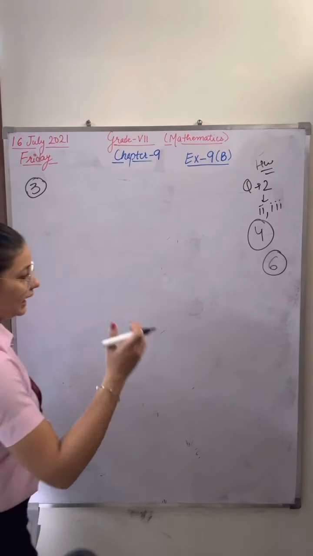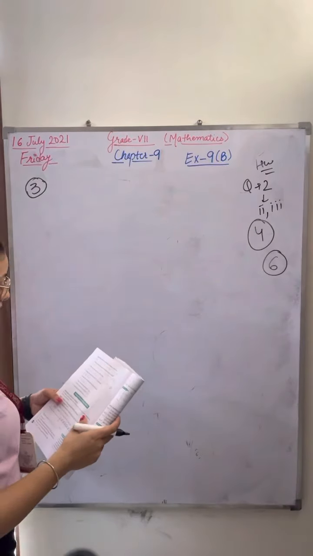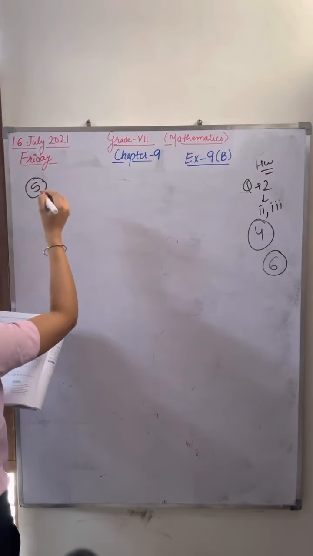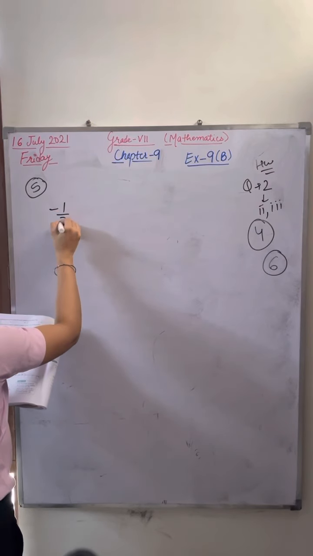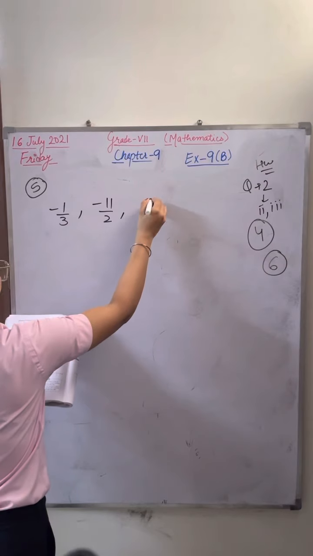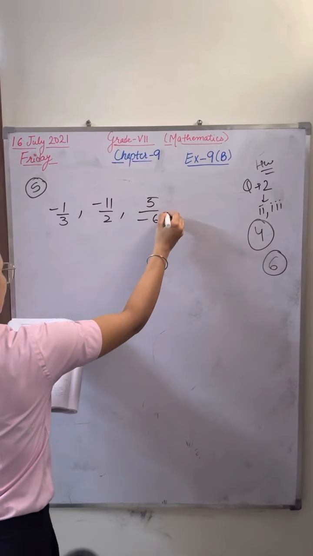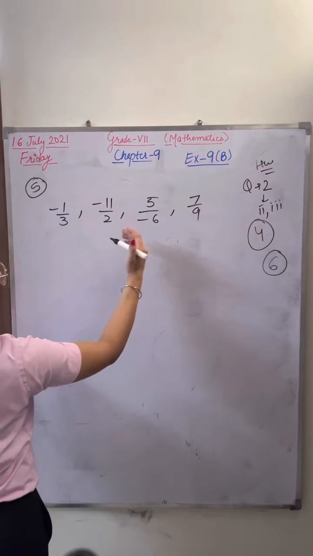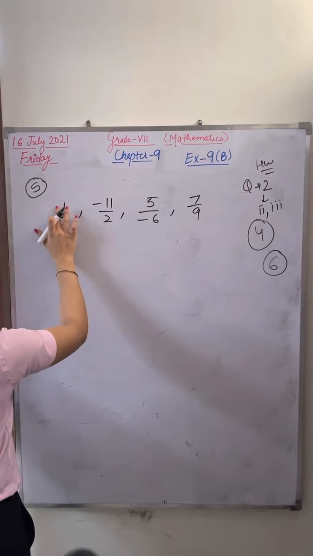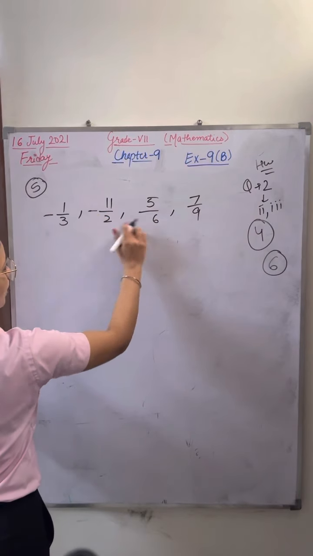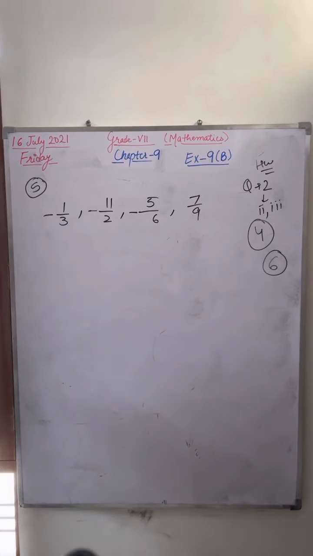Before that, I want to tell you, in the ascending order, which question is it? Fifth question: minus 1 by 3, minus 11 by 2, 5 by minus 6, and 7 upon 9. If a minus sign is written in the numerator or denominator, first of all write down in front that this is the common sign for the fraction, wherever it is written.